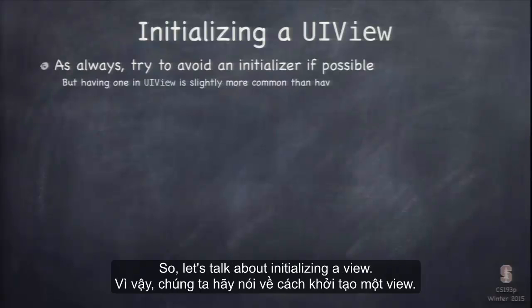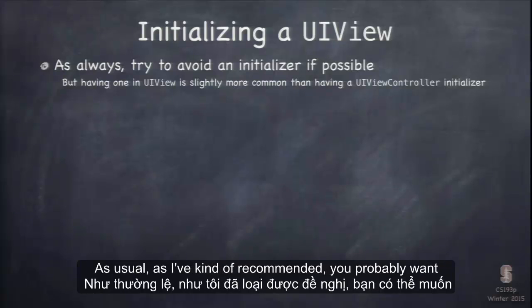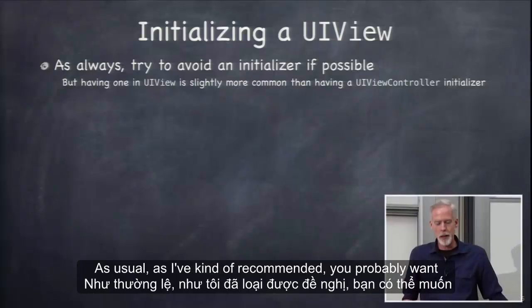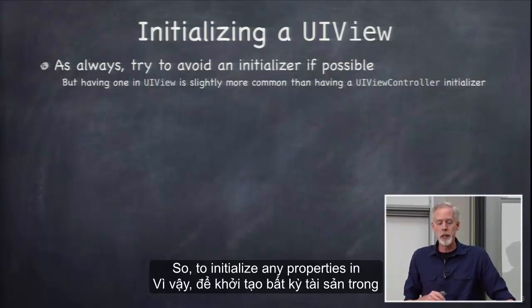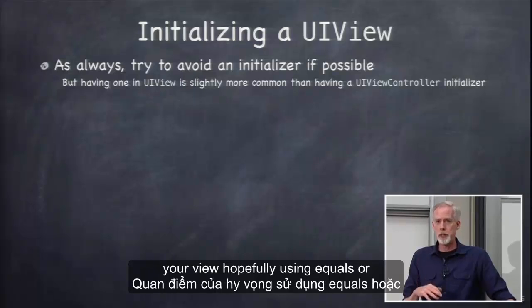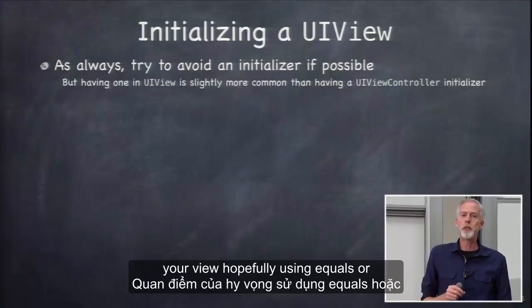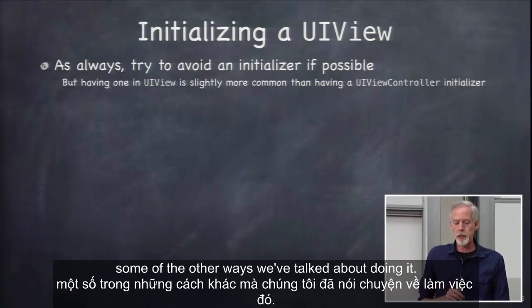So let's talk about initializing a view. As I've recommended, you probably want to avoid doing an initializer if you can. So initialize any properties in your view, hopefully using equals or some of the other ways we talked about doing it.